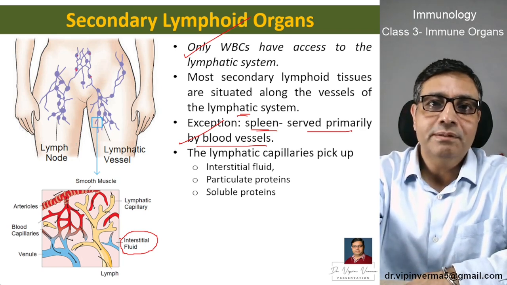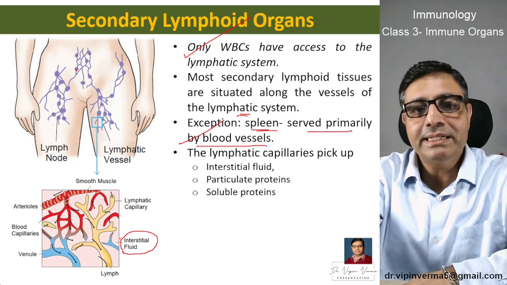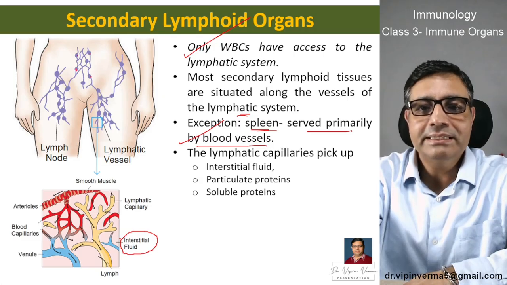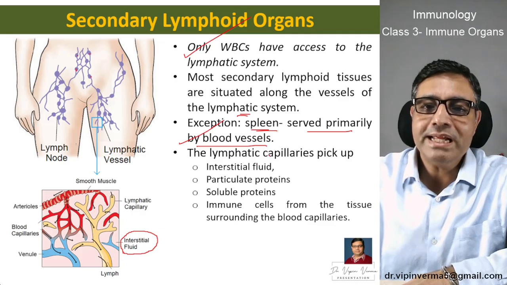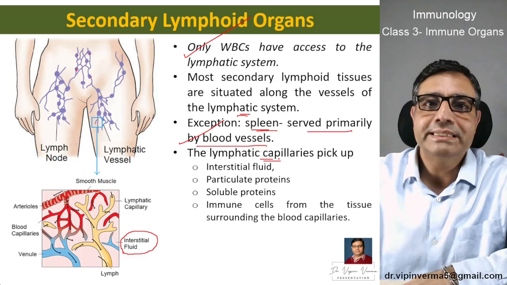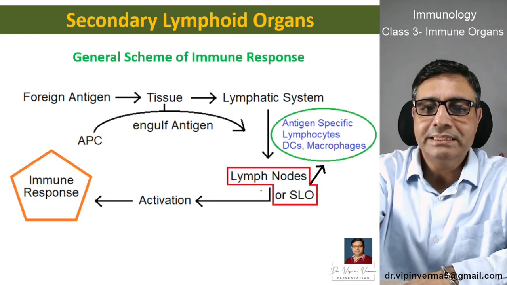Soluble proteins, some proteins which are soluble, may be antigenic peptides. They are also picked up by lymphatic capillaries, along with immune cells from the tissue surrounding the blood capillaries. So the lymphatic capillaries pick up all these things: interstitial fluid, particulate proteins, soluble proteins, and immune cells.